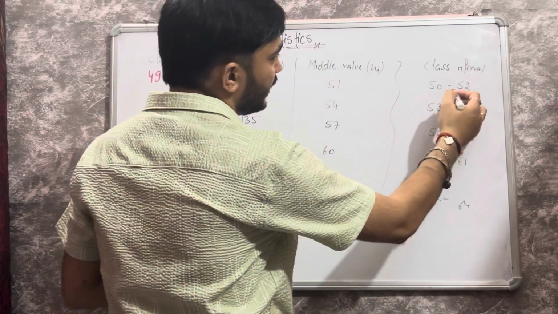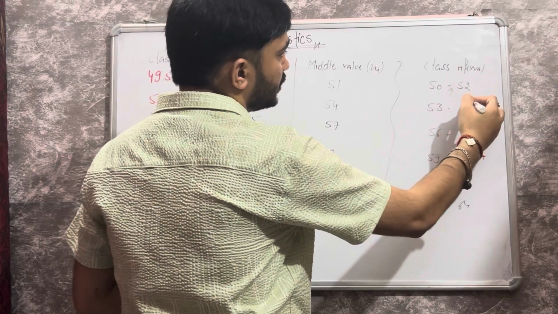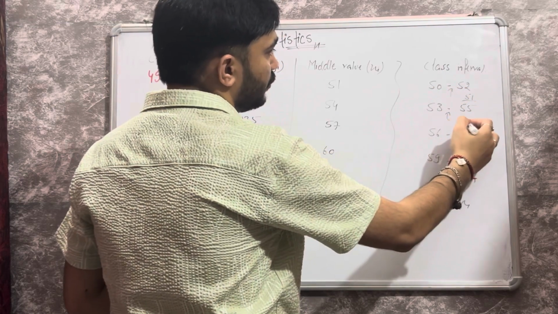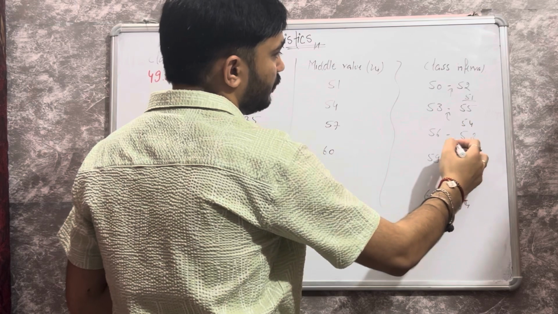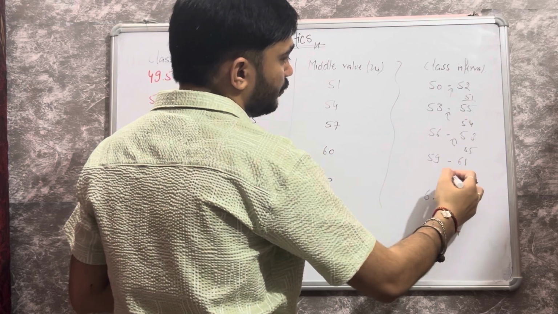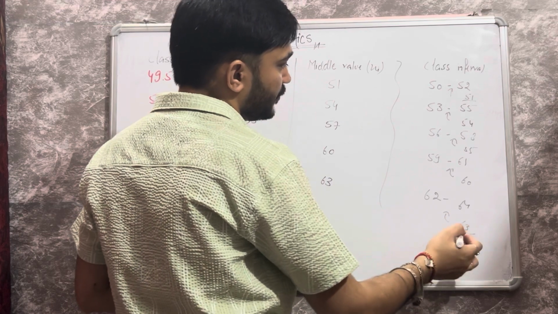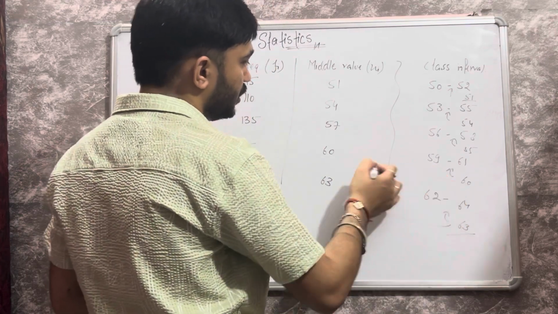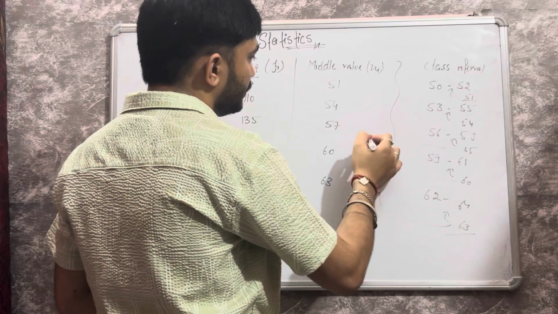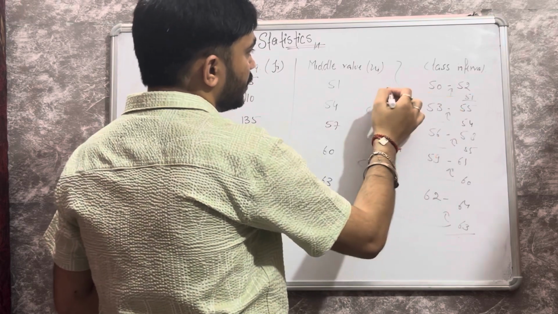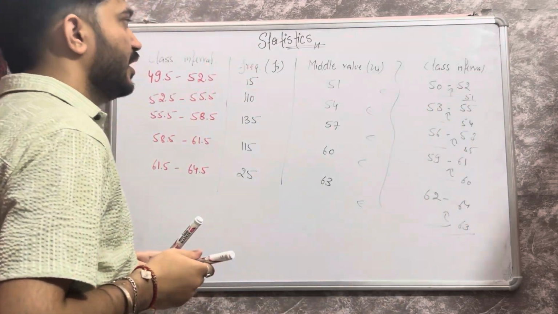You just have to write the middle value of each. The middle value of this is 51. The middle value of this is 54. The middle value of this is 57. The middle value of this is 60. And the middle value of this is 63. You can also write these values here. It will come the same. This is quite an easy way. That's why I am telling you.